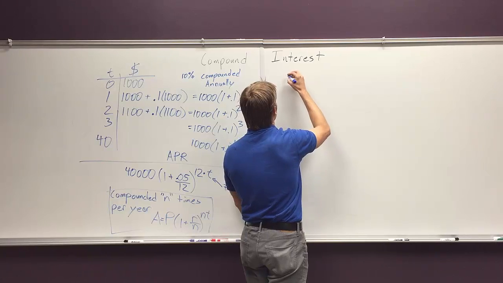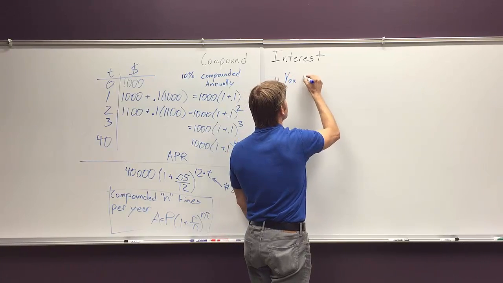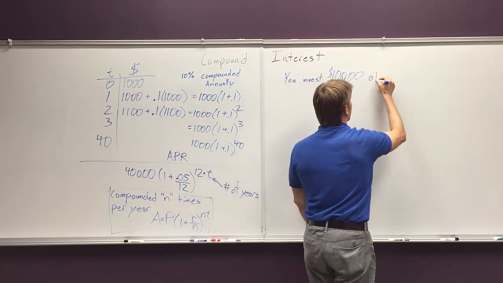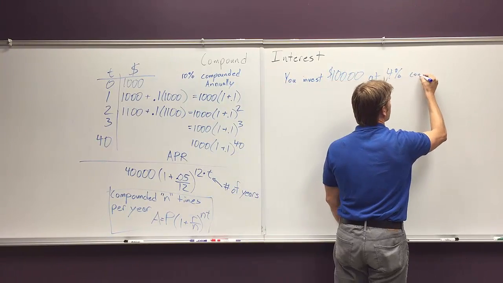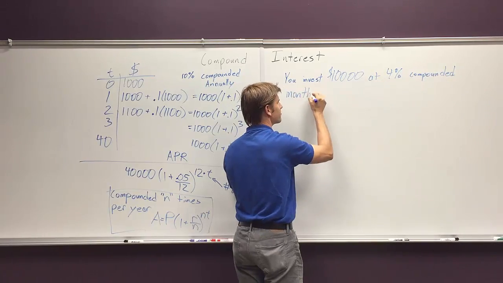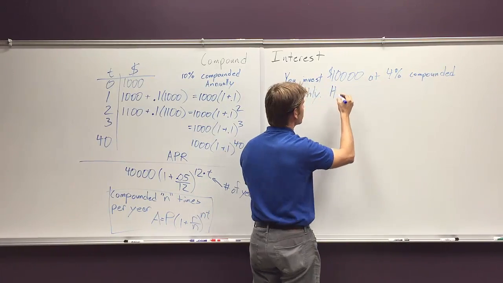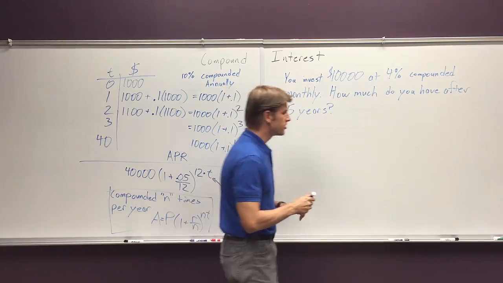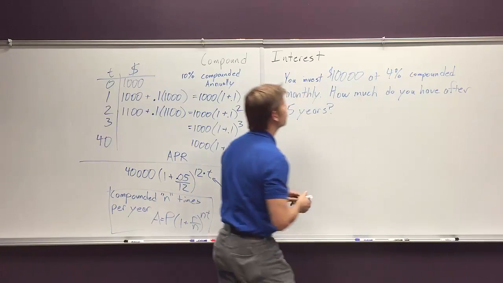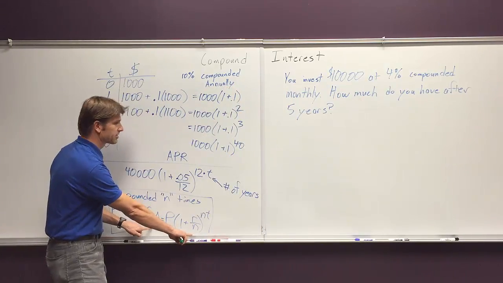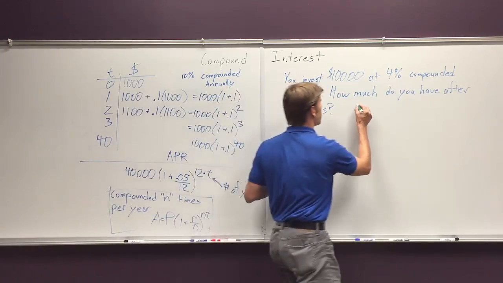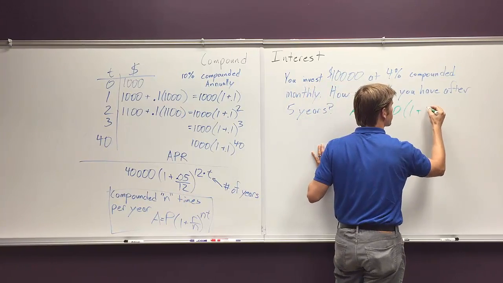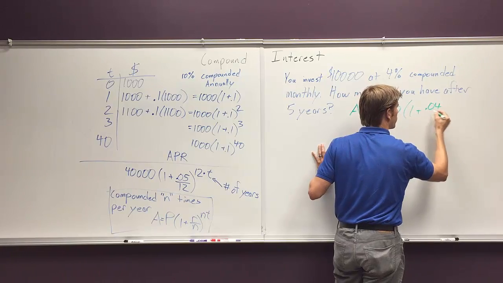Now, let's imagine in this problem you invest $10,000 at 4% interest compounded monthly. How much do you have after 5 years? You need to be careful to put your pieces in the right place in this formula. We want to know the amount. I know the principal is $10,000. I know the interest rate is 0.04.